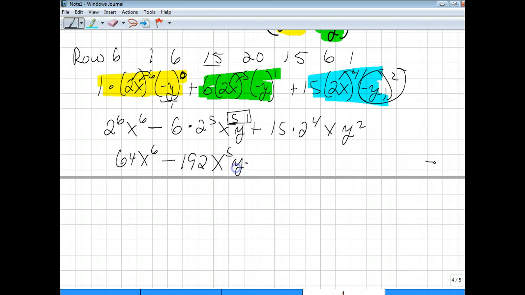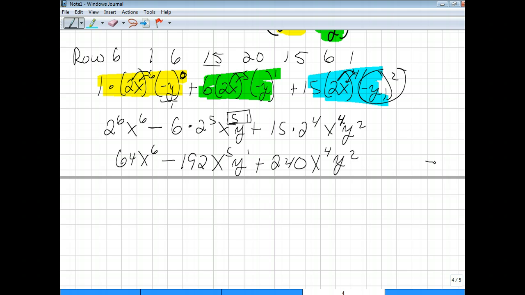So it should be y to the 1, and then it's going to be plus 2 to the 4th, 16 times 15 is 240 x to the 4th, y to the 2nd. Okay, and because I distributed that in, I forgot to write the 4 there.